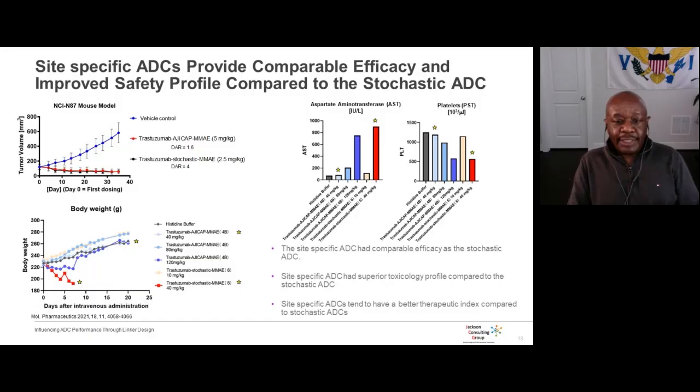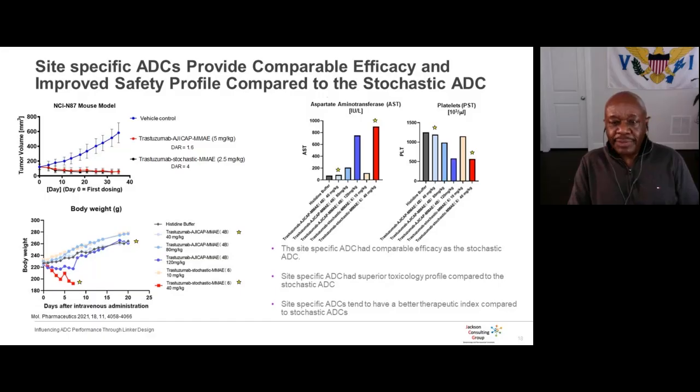What you can clearly see is that with the site-specific conjugation, the levels of AST are low, almost to the same levels as your buffer or control, while the stochastic conjugation gives you high levels of AST.